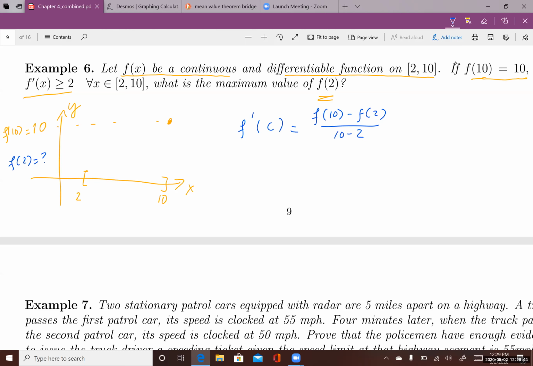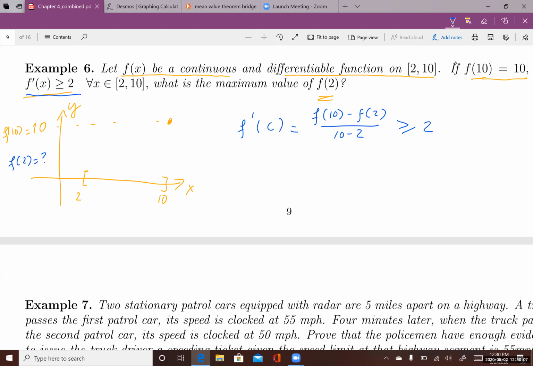Okay, there exists a C where the tangent line has a slope the same as the slope of the secant line at 2 and 10. But then another piece of information that we have is that the derivative of the function on this interval is always greater than or equal to 2.